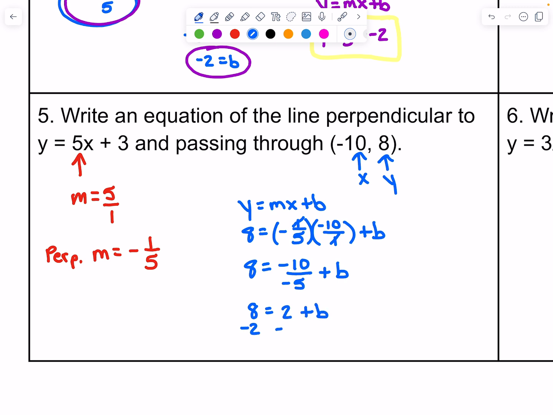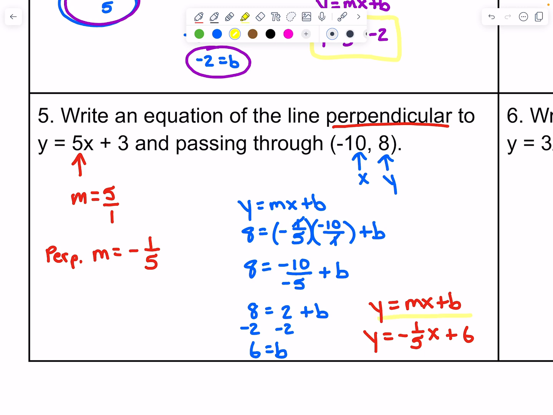And then we need to subtract 2 from both sides, so we get b is equal to 6. So the equation of the line perpendicular to this line would now be y equals mx plus b. And I'm going to fill in the slope is -1/5 x, and the b or the y-intercept is 6. So that's it for that one.